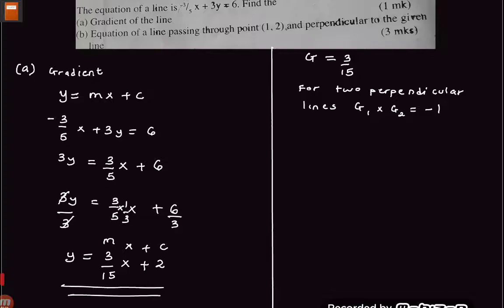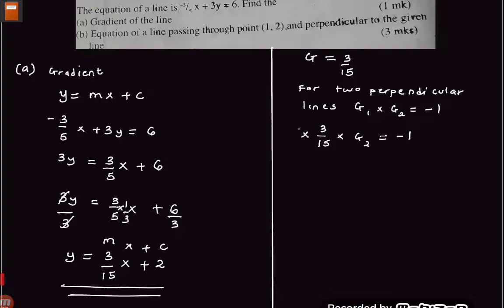So we must get the gradient of the perpendicular line using this formula by saying that our gradient, which is 3 over 15, times the gradient of the second line should be equal to negative 1. To get the gradient of the second line, we will multiply both sides by the reciprocal of the fraction, because in this case we have a fractional gradient.